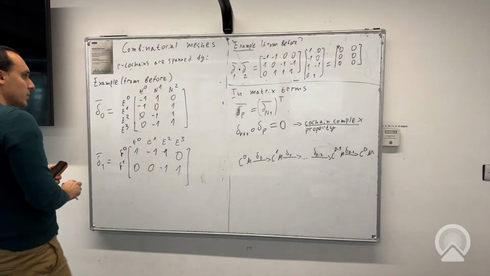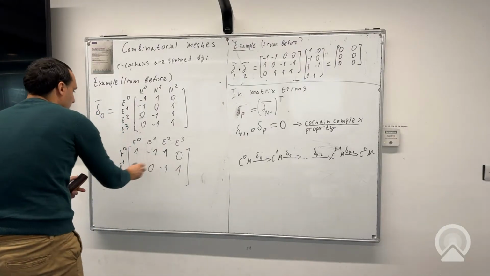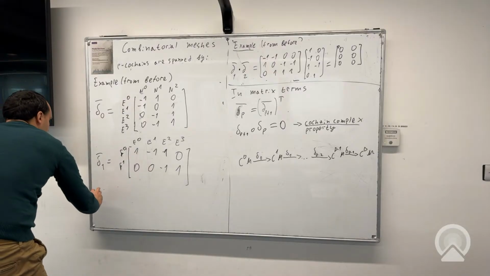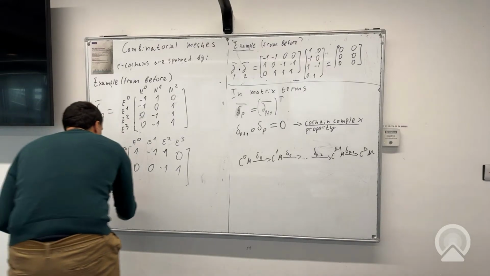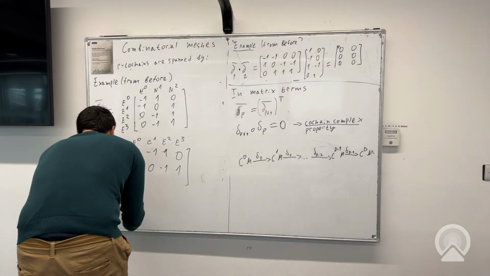And let's do some computation, for example, not with a matrix, but with operators. So if sigma is a 0-form, then delta 0, and take some.